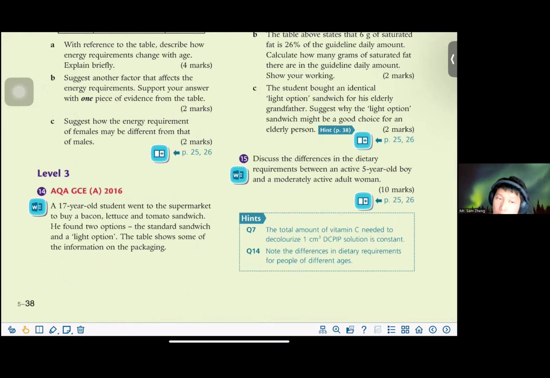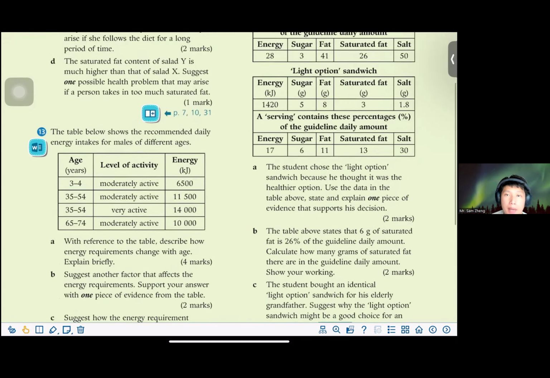Now, a 17 year old student went to the supermarket to buy a bacon, lettuce, and tomato sandwich. He found that there are two options, the standard sandwich and the light option. The table below shows some information on the package.